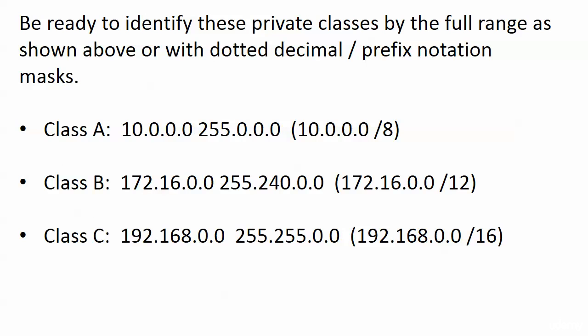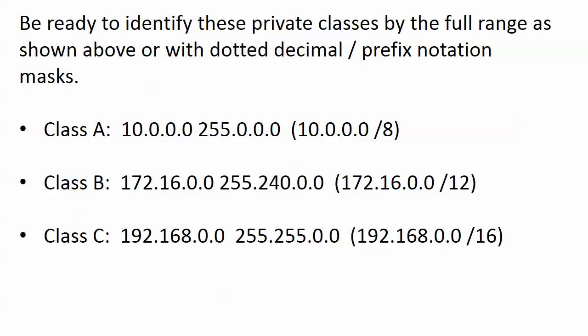I would be ready to identify these private classes by the full range or by the ranges I have here for you. They are the exact same range, just expressed first with dotted decimal masks and then a prefix notation mask. So Class A, 10.0.0.0, 255.0.0.0. We know what that means. If the first octet is 10, it doesn't matter what the last three octets are, it's a private address. Class B, this is where we get into those /12 masks.